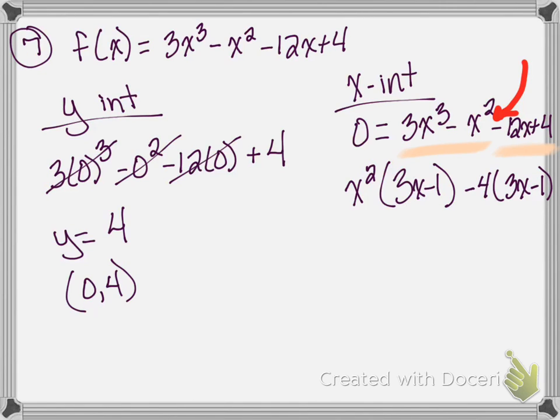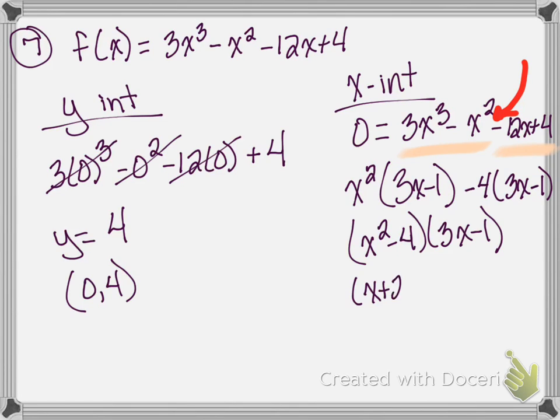So when I factor this, I have x squared minus 4 times 3x minus 1. X squared minus 4 can be factored again. I get x plus 2 times x minus 2, because that's the difference of perfect squares. And then I have 3x minus 1.